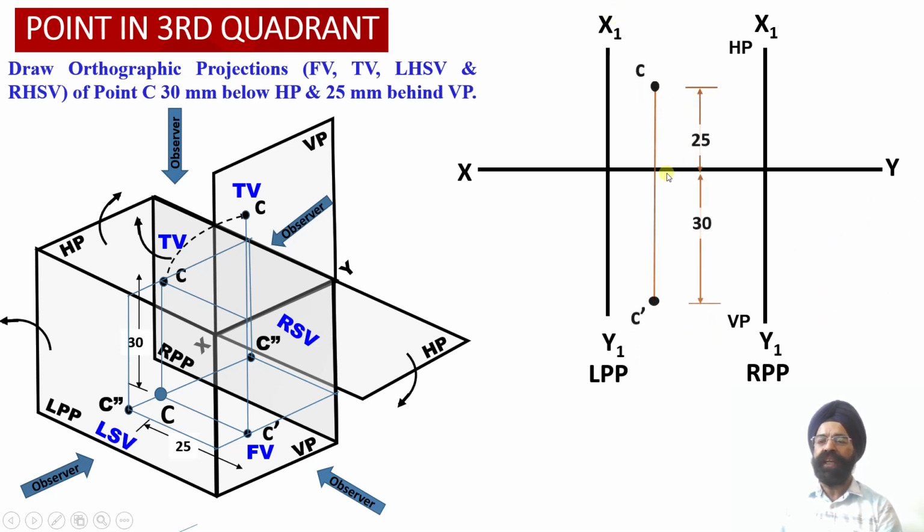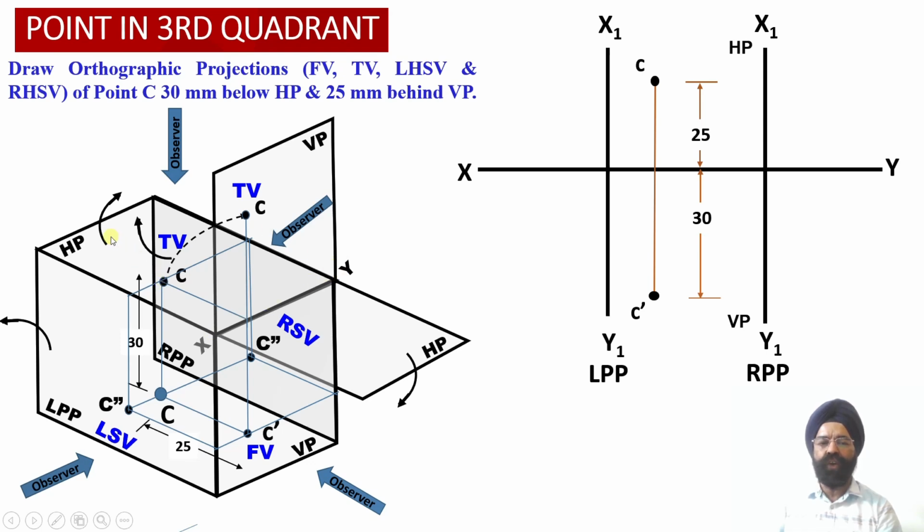Now let us obtain the front view and the top view orthographic projections of the point C. As we have already observed, point C dash has been obtained in the vertical plane at a distance of 30 millimeter below the XY reference line. Similarly, this is the top view projection which we had obtained corresponding to the point C, but then this top view projection had been obtained onto the horizontal plane.